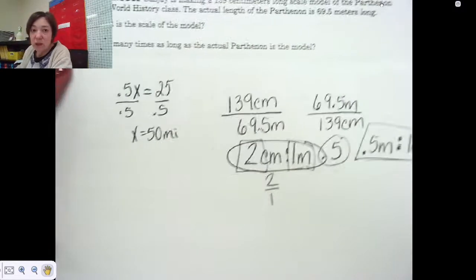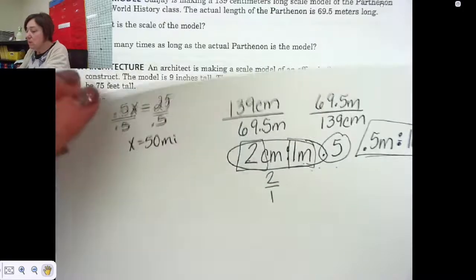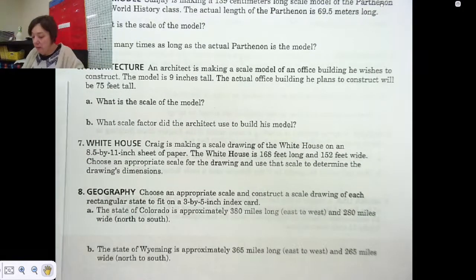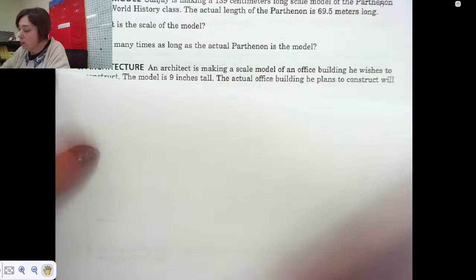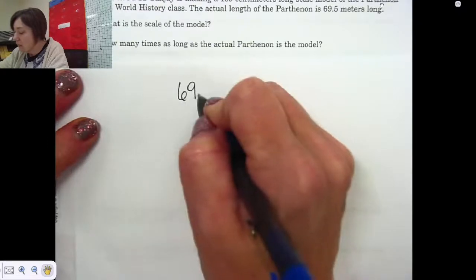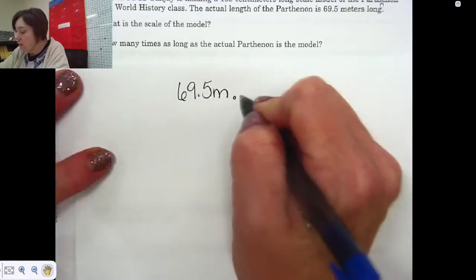So for B, it says how many times as long as the actual Parthenon is the model. So then you've got to convert that Parthenon to centimeters because it's in meters right now. So remember, there's 100 centimeters in 1 meter. So if we have 69.5 meters and we want to convert this to centimeters, there's lots of different ways we can do this.